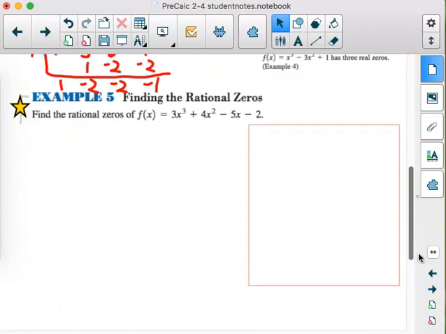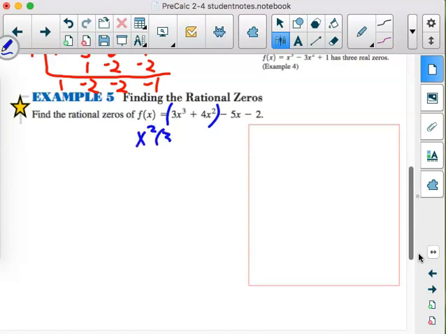So example 5 says finding the rational zeros, and it gives us another polynomial. I take a look at this one, and I'm looking for the greatest common monomial factor. There isn't one. And then I think, okay, well, there's 4 terms. We did learn how to factor 4 terms by grouping, so let me see what I can do here. I can take an x squared out of these.